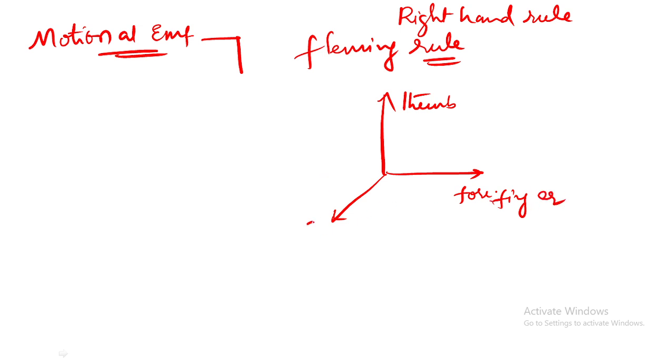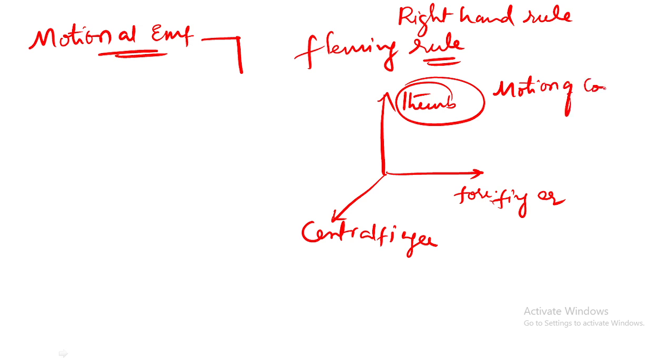The thumb will always indicate the motion of the conductor. The main important thing is the motion of the conductor, and it will also show the direction of current. Just for understanding, the forefinger is the direction of the magnetic field.